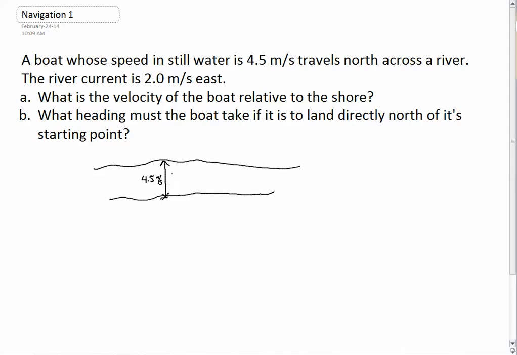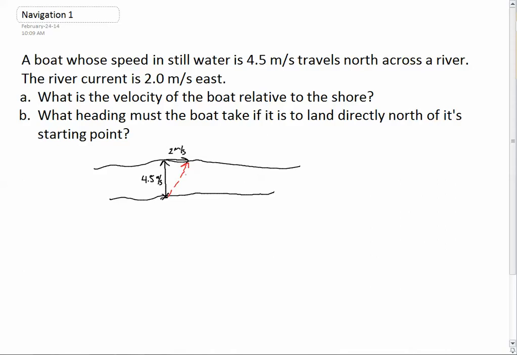We know that that velocity is being added to by the current, which is flowing east at 2 meters per second. So we've got an eastward velocity like this at 2 meters per second. The combined velocity of the boat, the actual velocity of the boat, will run along this vector line.